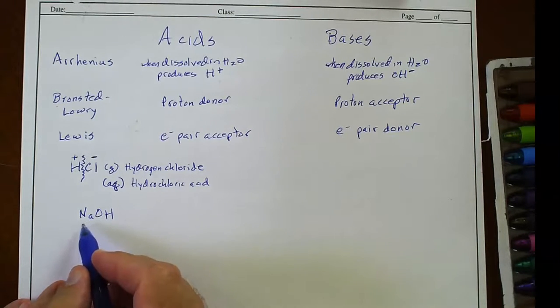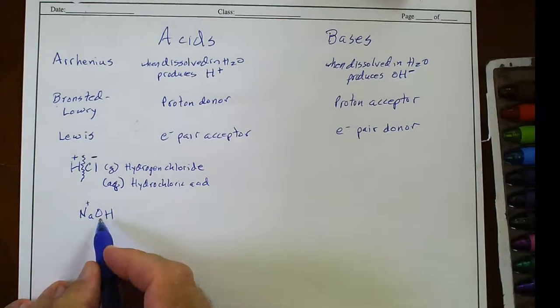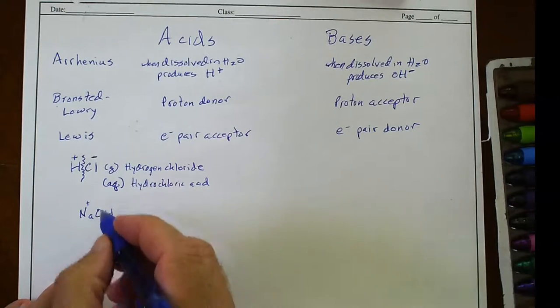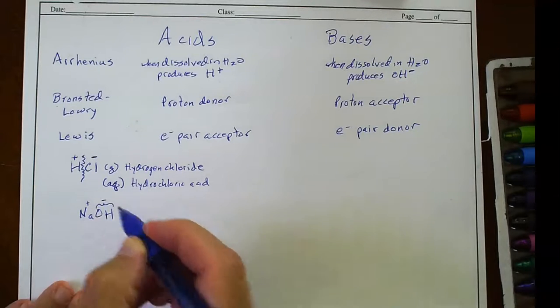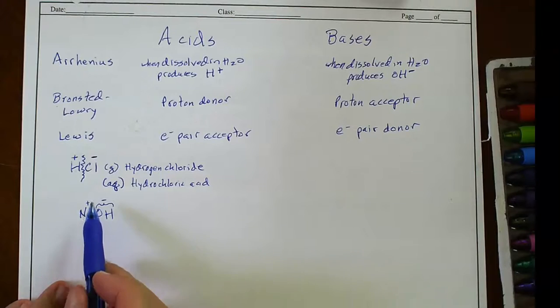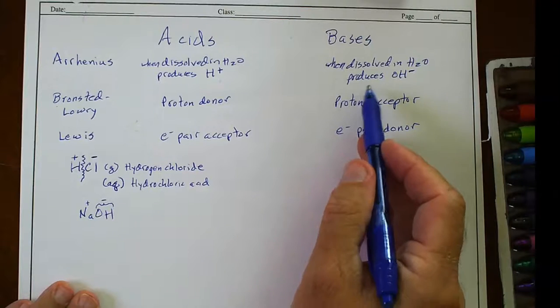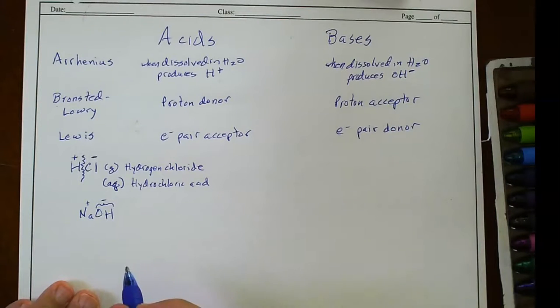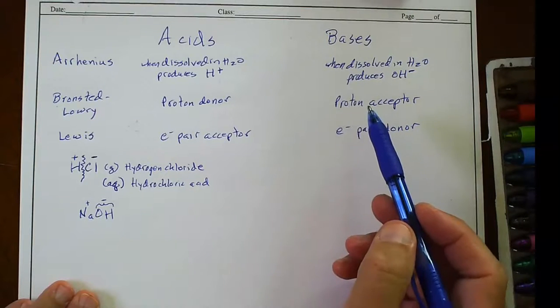But it has a metal ion, sodium, which is positive, together with the polyatomic ion, hydroxide, which altogether is negative. So when this is dissolved in water, the two ions simply separate, and that means it produces hydroxide. That makes it a base.